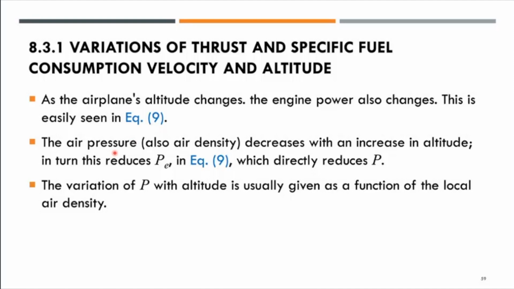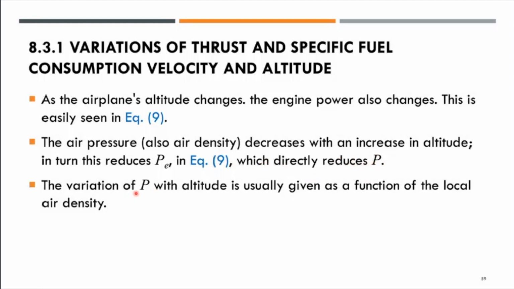The air pressure, also known as the air density, decreases with an increase in altitude, which in turn reduces the PE, mean effective pressure, in equation 9, which directly reduces the shaft power because it is directly proportional.